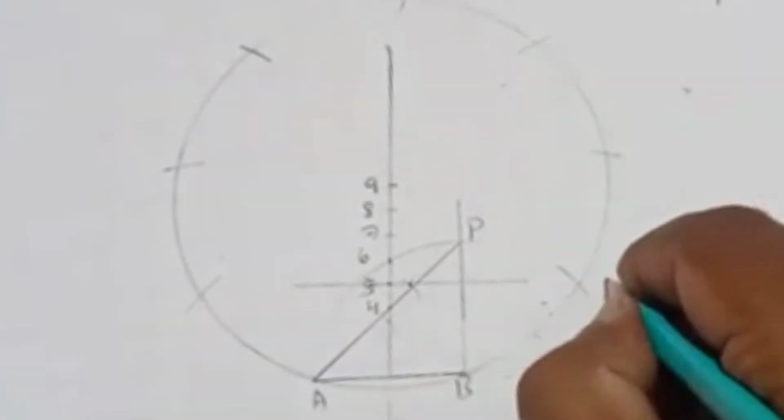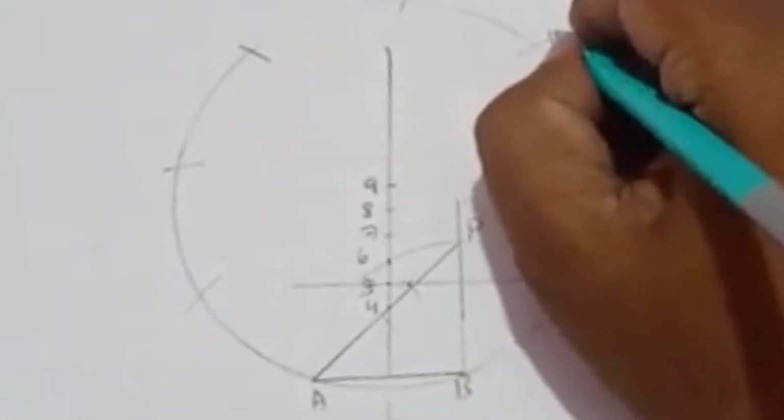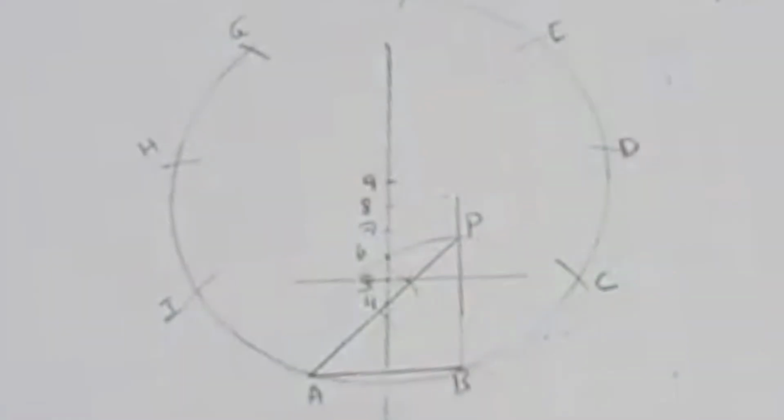You can name these C, D, E, F, G, H, I. Now join them with a straight line.